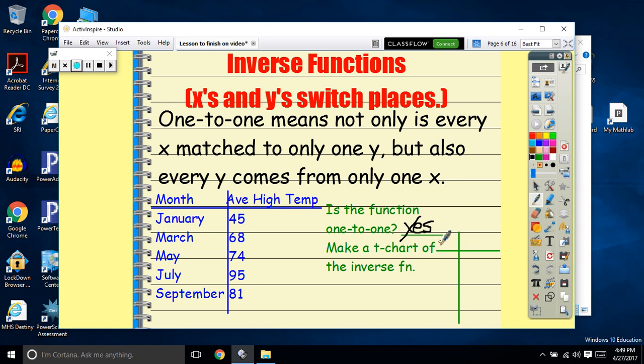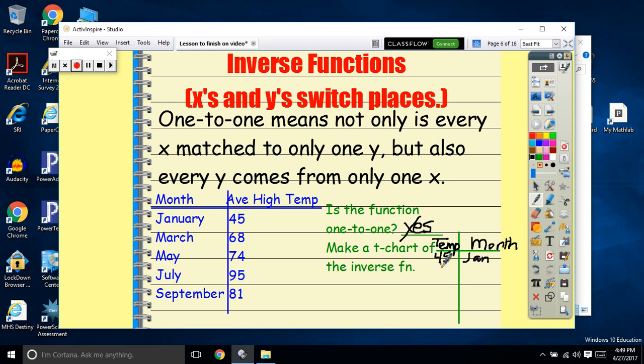Well, that's easy, guys. I'm going to put the temps on the x side of the table now, and I'm going to put the month on the y side of the table now. So instead of putting January 45, I'm going to reverse it and make it 45 January.